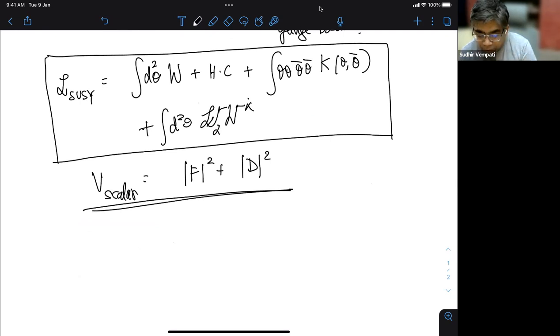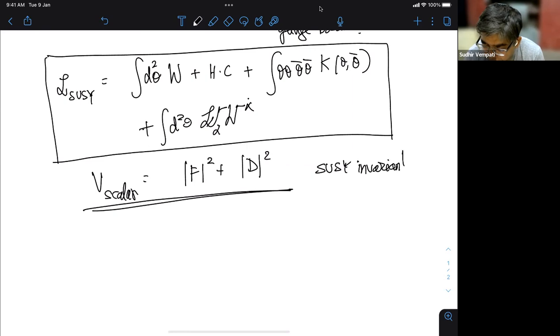That comes because when you expand these functions, you will have F squared and D squared terms, and you can club them together and write them as a scalar potential, because these are terms made up of just scalar particles. This is all SUSY invariant.